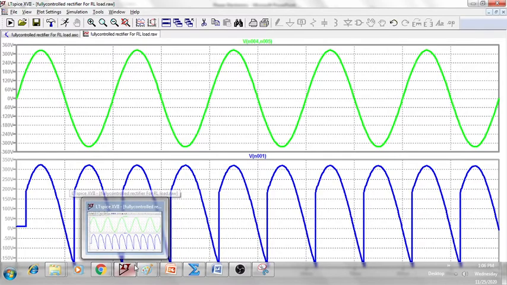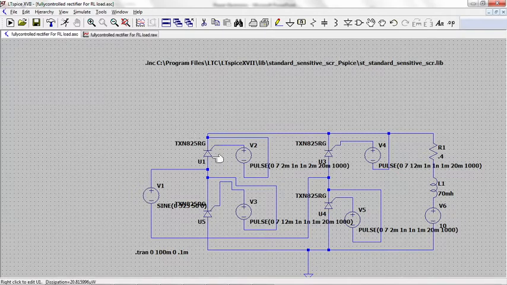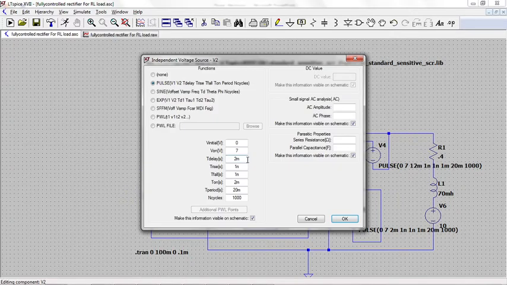This SCR and this SCR we will turn on at 2 milliseconds. I can show you what the angle of 2 milliseconds is if you want. I'll make it 2.5 milliseconds.